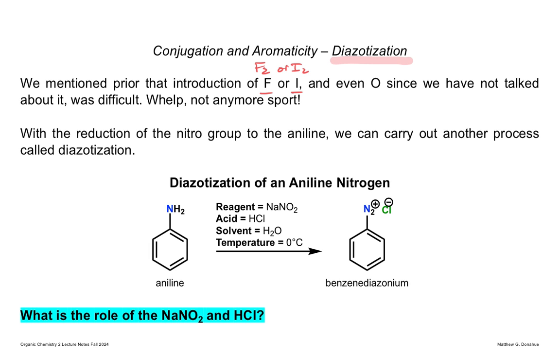Those are not typically used to get heteroatoms onto the ring. So we have to have a workaround. And so this is part of, as we learn more reactions, we would say this is a functional group transformation.